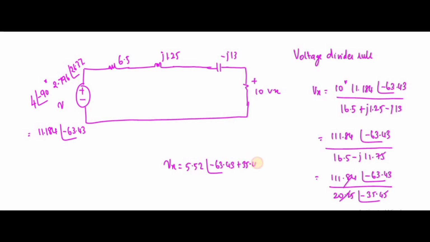If I add, I will get 5.52 with angle minus 27.9. So I can apply source transformation to the dependent source also.